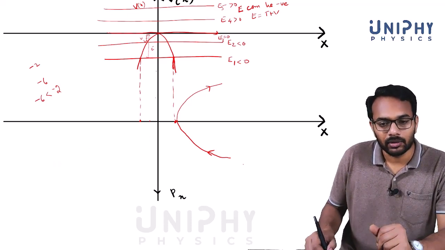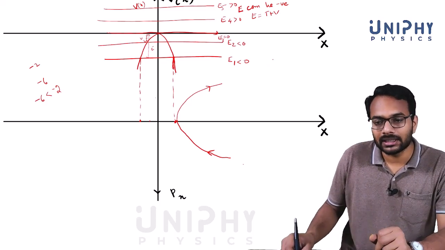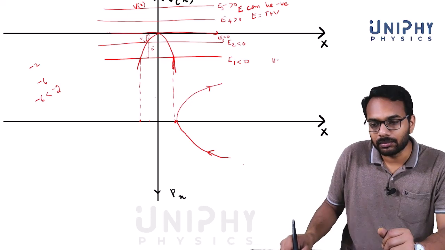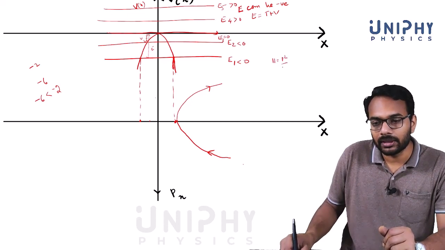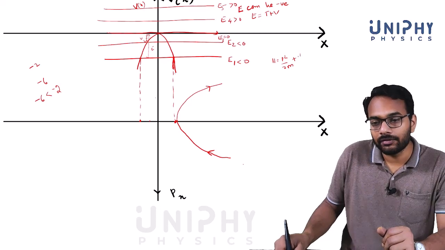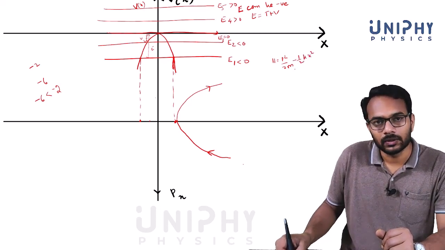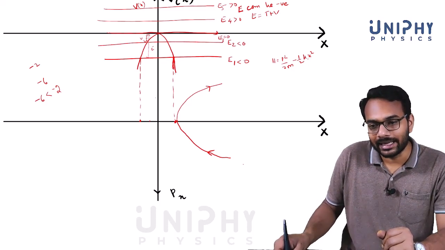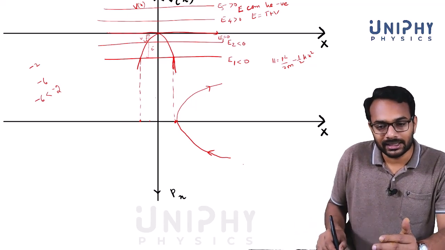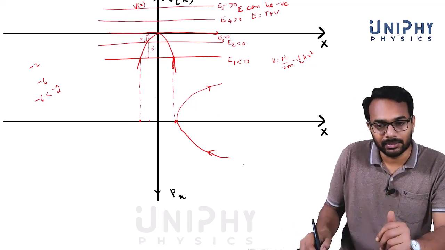About the p axis, because one point to remember, the Hamiltonian is, let's say, p square by 2m minus half kx square. That's the Hamiltonian. You see that if you put x to minus x, the Hamiltonian does not change, which means that whether it's minus x or plus x, it's symmetric about the p-axis.